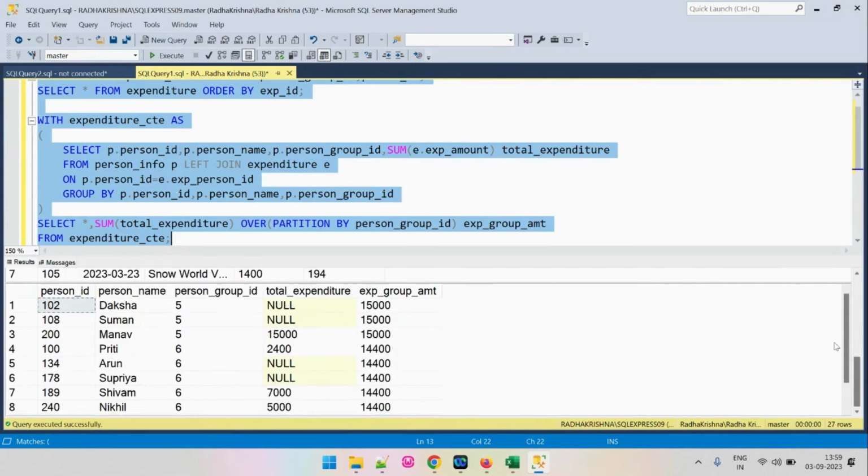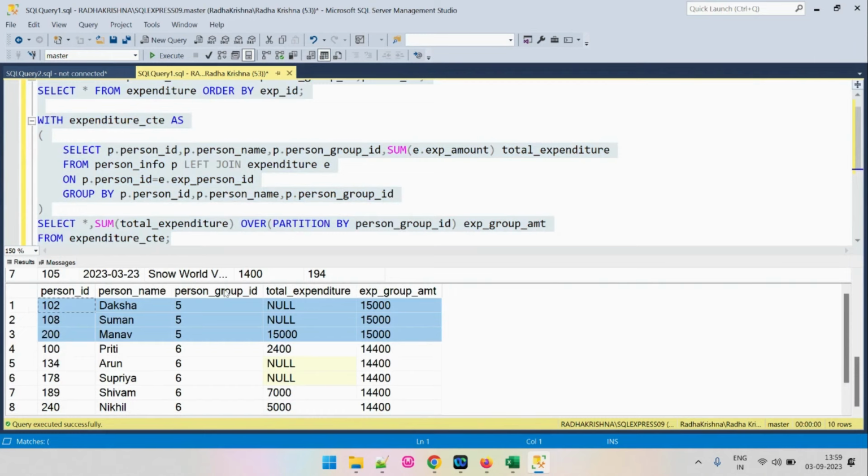So we have got the output. As we see, for each group we have got a new column, that is expenditure group amount. For every entry, it shows, for example in group ID 5, the total expenditure done, which is the sum of all the expenditure done by the individuals in that group. Here only one person has done the expenditure, so it shows 15,500.